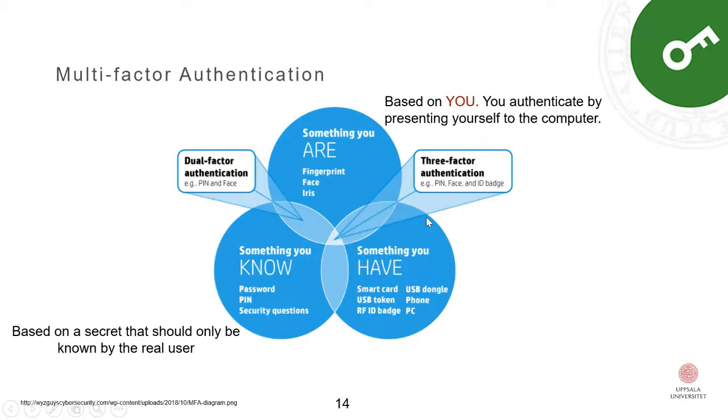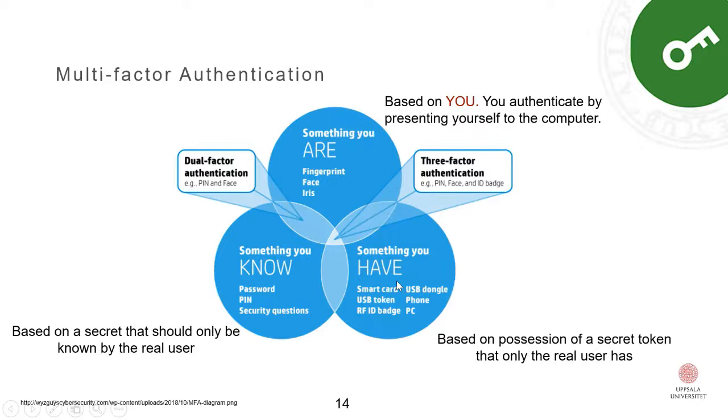In the last category, as we have seen before, which is based on the possession of something, for example, a secret token or a credit card, this can be combined with the 2 other techniques or with one of them. So when we fall here, we are using a technique which is based on something you know and something you have.